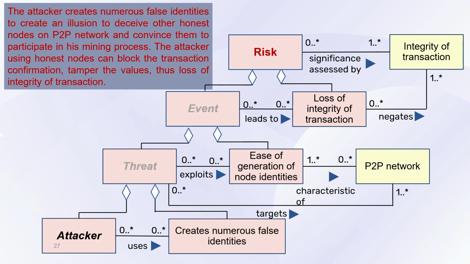For example, in this case, the attacker can control several nodes on blockchain based healthcare applications by creating fake identities to gain a large influence on the blockchain network.